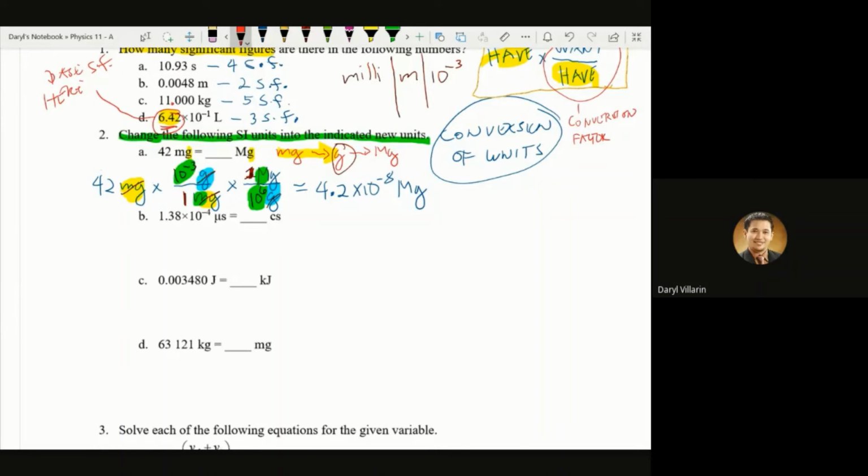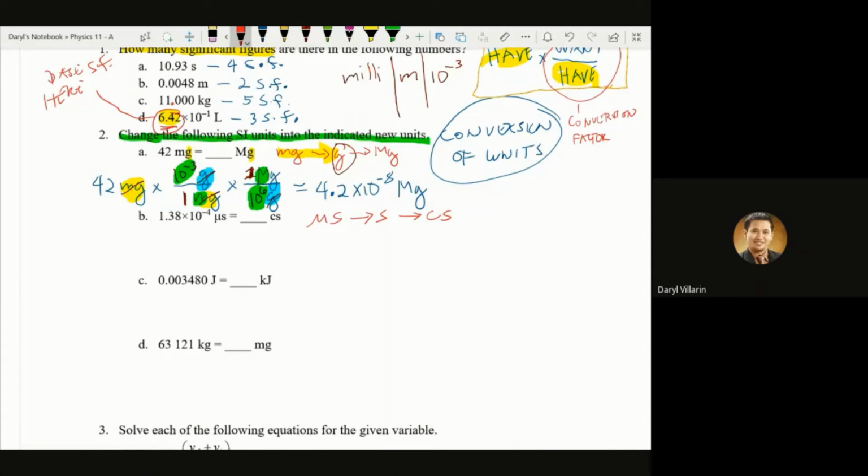So my roadmap, again, I don't have any direct conversion from micro to centisecond. So what I'm going to do first, since they have a common base unit of second, is microsecond to second and then to centisecond. That is my roadmap.